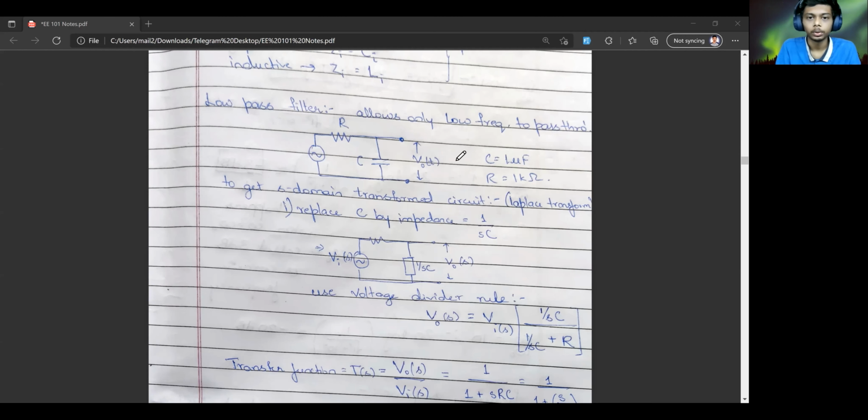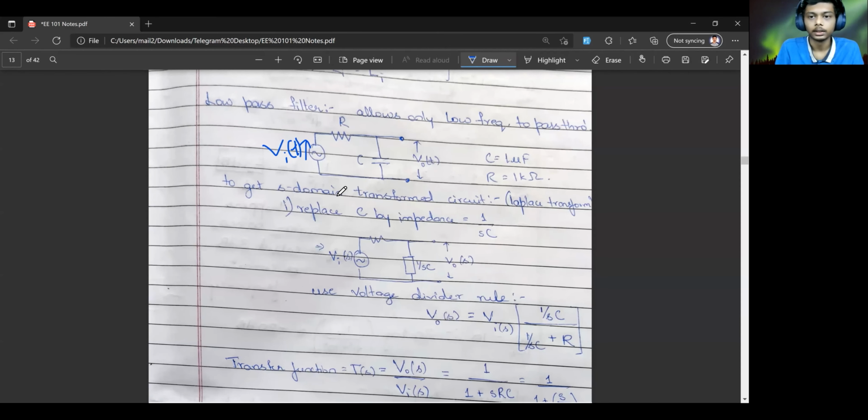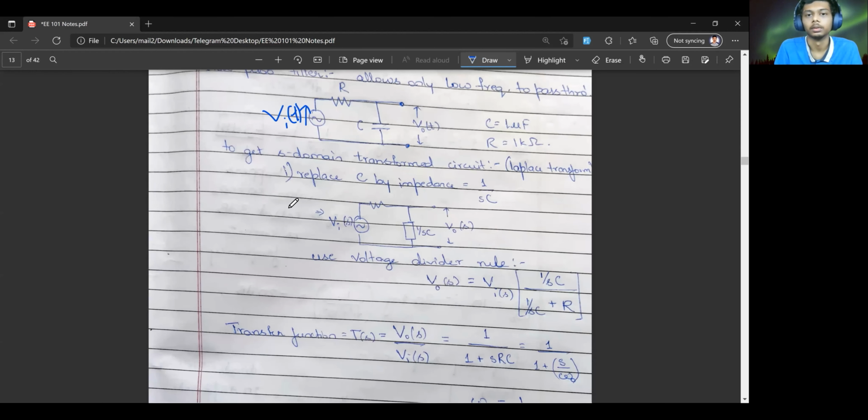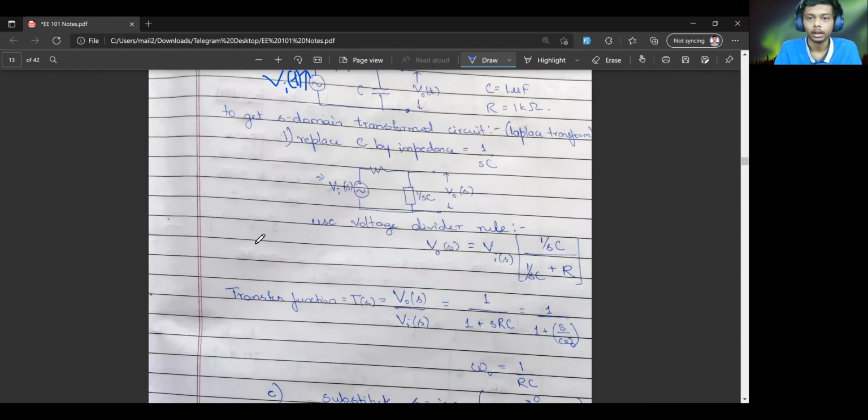Here we have a circuit which acts in such a way that it only allows low frequencies to pass through it. If you apply some voltage, say VI here, only the low frequency component of this VI will make it to the output voltage. To analyze the circuit, we can use the time domain to frequency domain transforms which we learned earlier, replacing the impedance of the capacitor by 1 over SC.